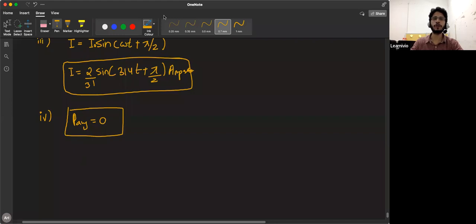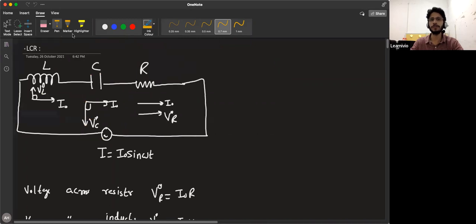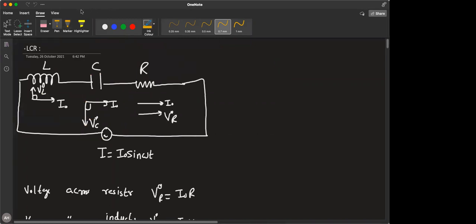Okay, so that was about the capacitor. Now we will do the LCR circuit, the combination of inductor, capacitor, and resistor, series LCR circuit. We'll start.